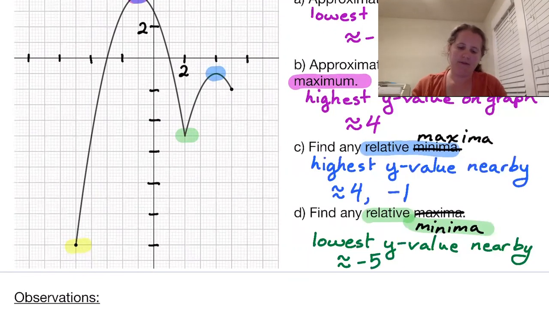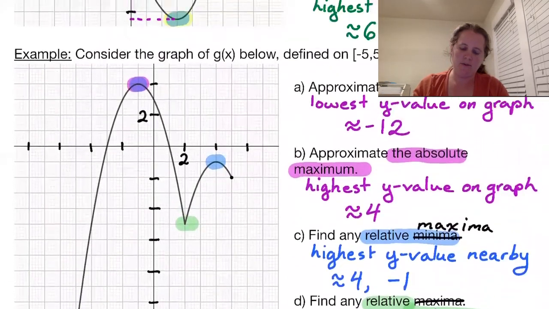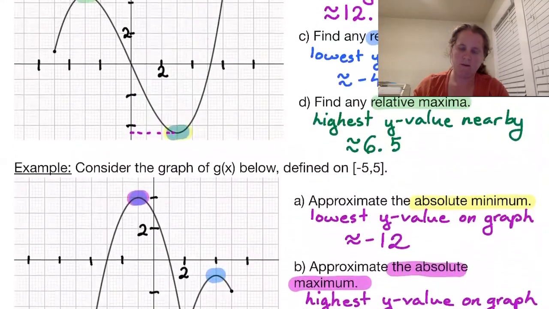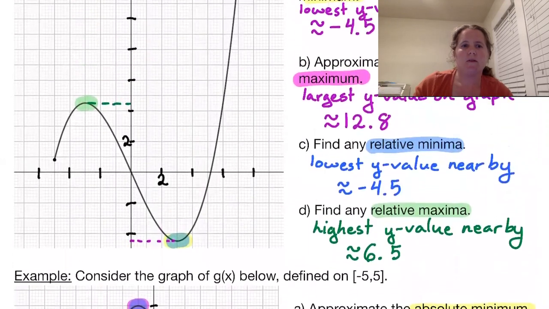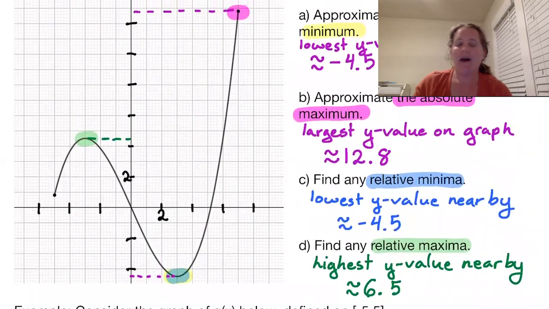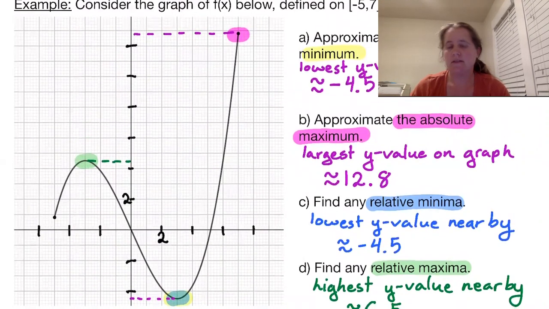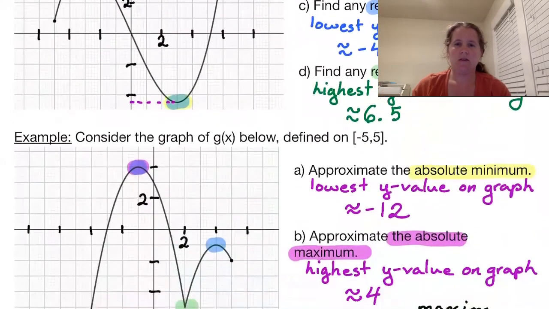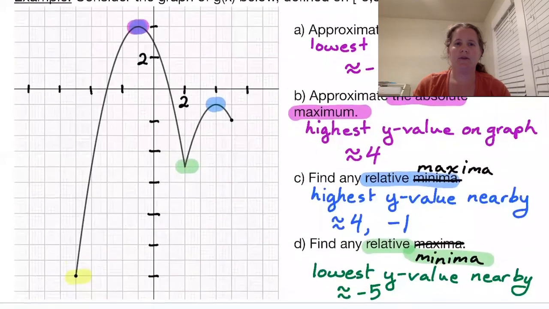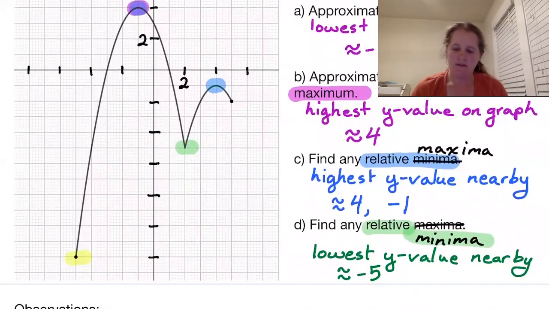So if we look at all the points we found, the absolute minimum or maximum had to either occur on an end or at one of our places where we turned around. In this first graph, the max was at an end and the min was at a place we turned around. Versus in the second one, it was the opposite.